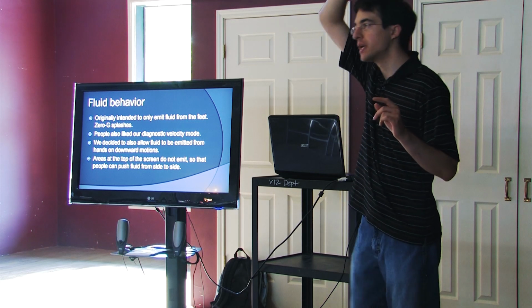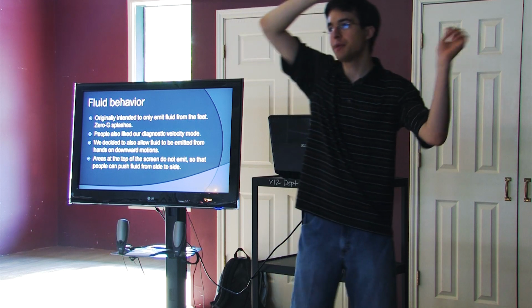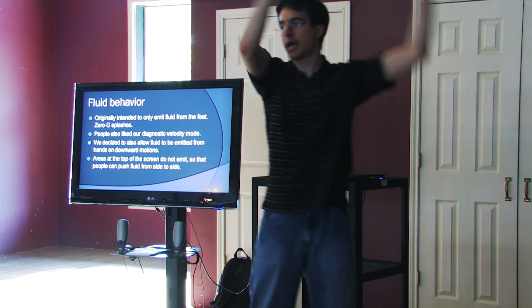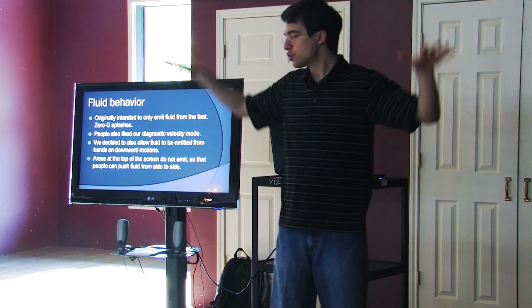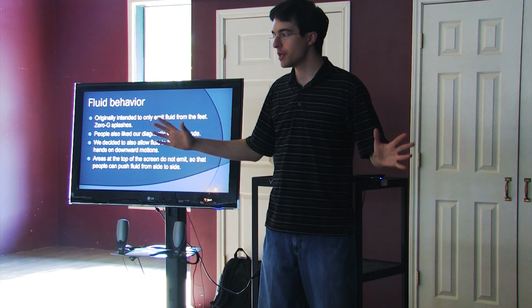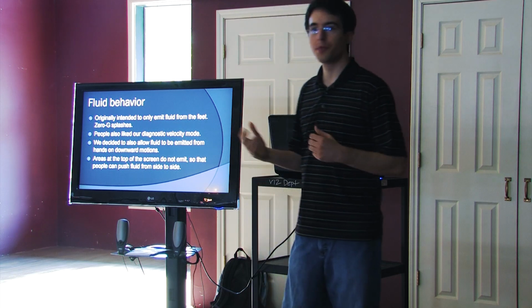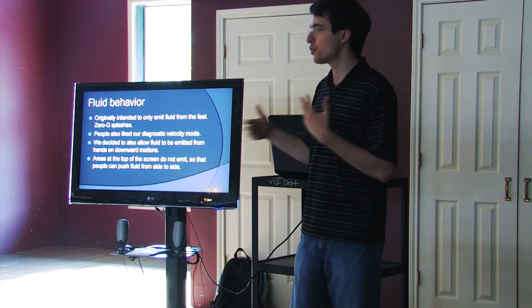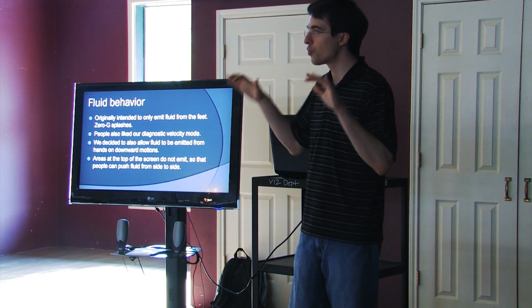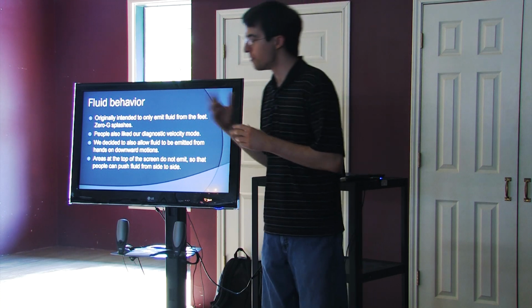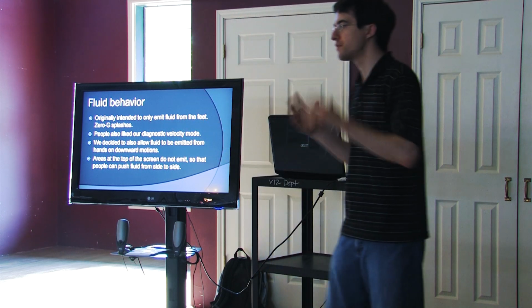At the top of the screen, nothing gets emitted. Instead, people can push fluid from side to side. Towards the bottom of the screen and in the middle, you do have emission defined from the hands. We think that's probably another way that we could further refine this project, adding more regions or features between the different parts of the image.